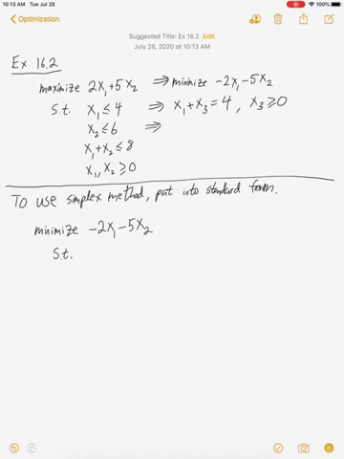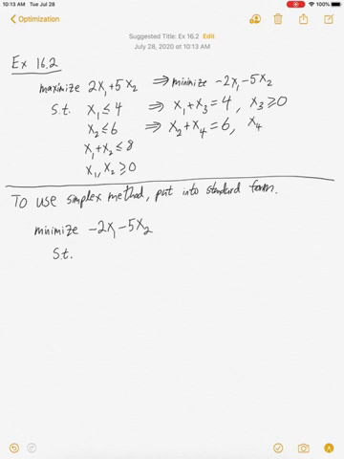So x2 at most 6, we do the same thing. We introduce a new slack variable x4. We can't use x3 again because x3 was tied to x1. So here we're going to get the equality constraint that x2 plus x4 equals 6.